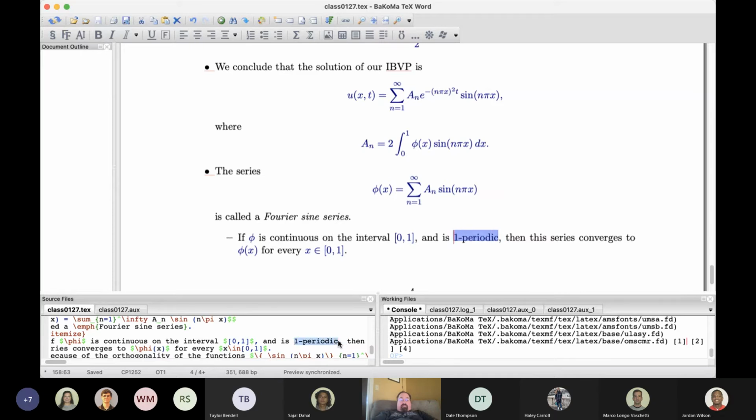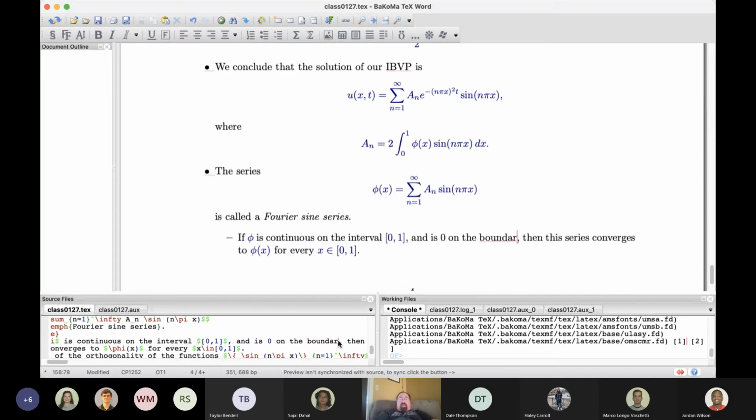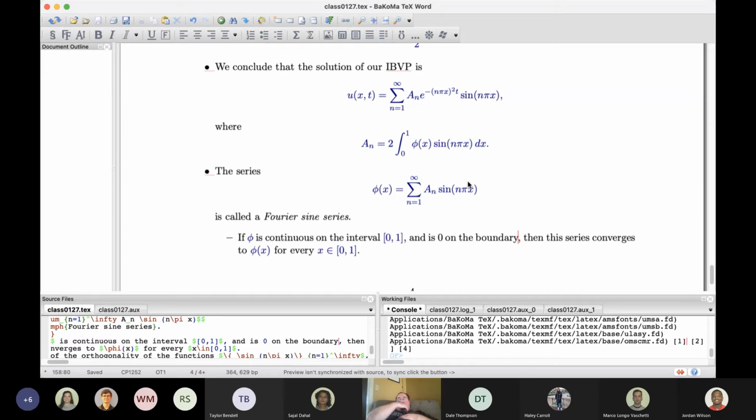If it satisfies the boundary conditions, so phi is continuous on [0, 1] and is 0 at the endpoints 0 and 1, then for every x in this interval, this series will converge to phi of x. Otherwise, there's going to be some discrepancy.